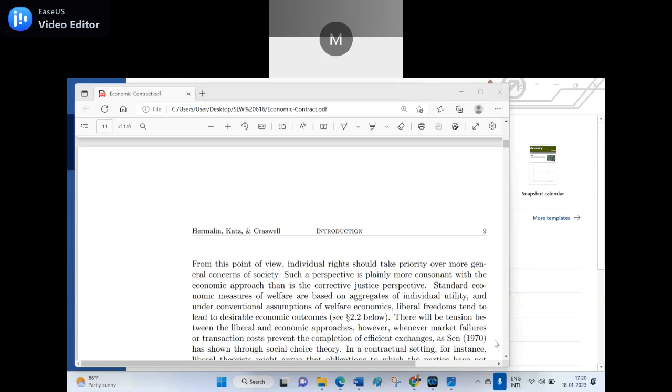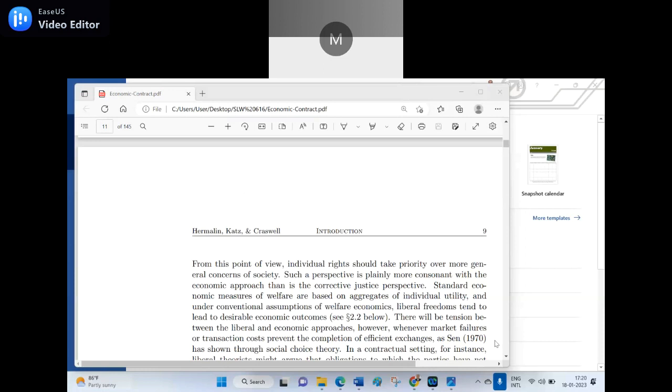The standard economic measures for welfare are based on aggregates of individual utility, and under the conventional assumptions of welfare economics, liberal freedom tends to lead to desirable economic outcomes. So what they want to say is, what is the standard economic measure based on?